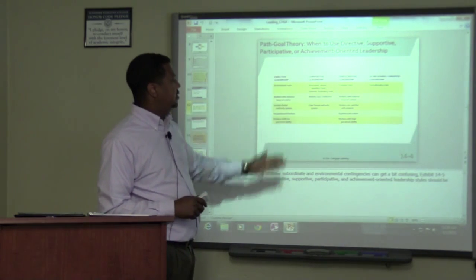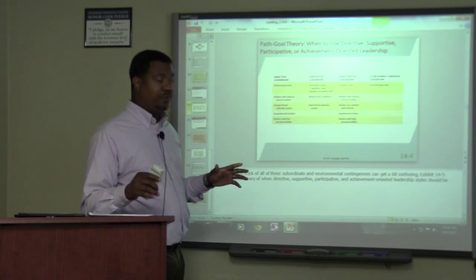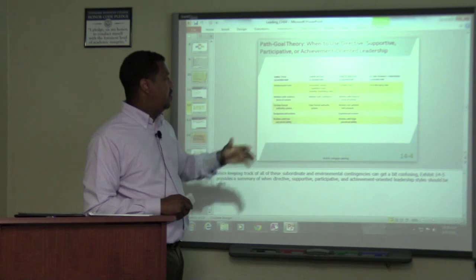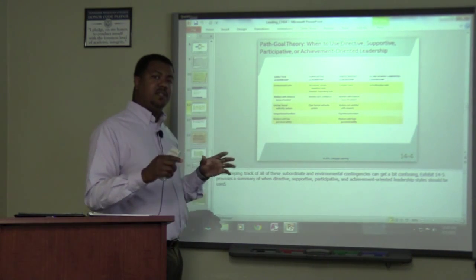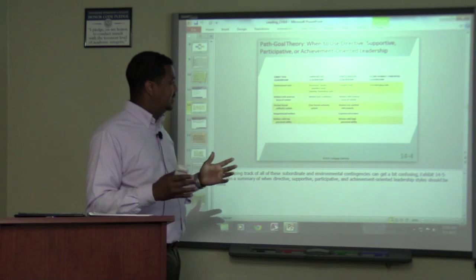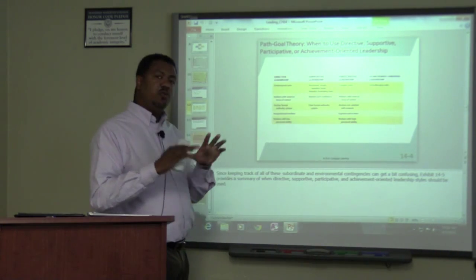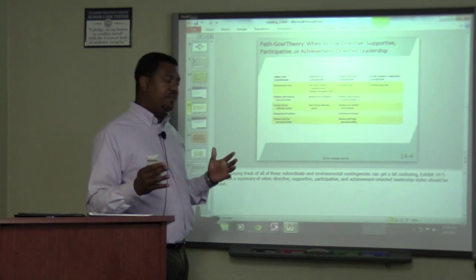Versus your structured leadership, where tasks are straightforward, simple, almost repetitive in nature, workers have clear confidence to achieve the overall objective, and you have a clear authority to make decisions as far as individuals' positions within an organization. Participative leadership is for complex tasks where you need a little bit more input from your team.